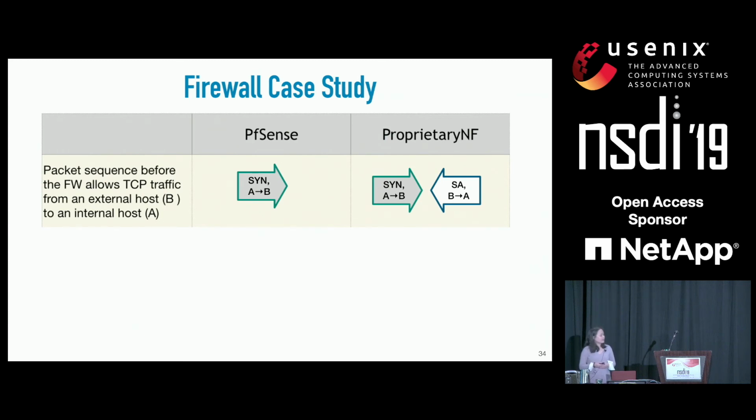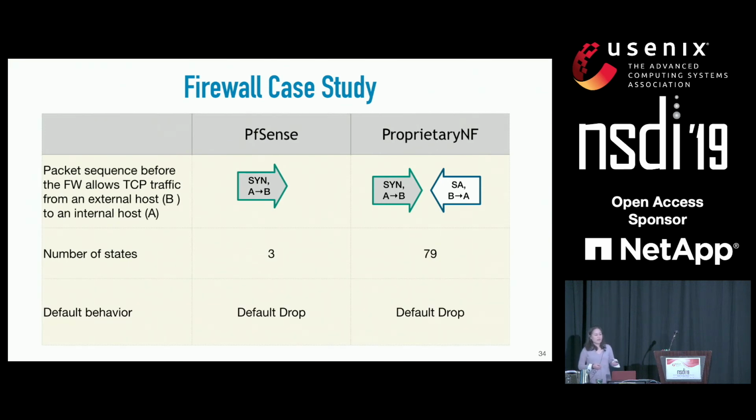For the proprietary NF, it's SYN and the SYNACK. Both results were surprising because we expected the entire 3-way handshake. Second, we found that the proprietary NF has 79 states for the firewall, which is much bigger than the 2-3 state abstraction that handwritten models have. And both of them implement a default drop policy.